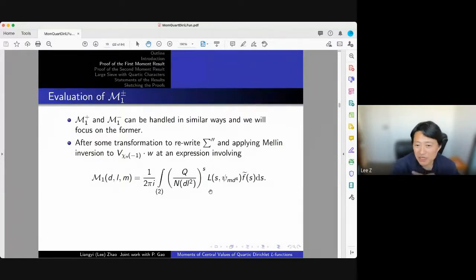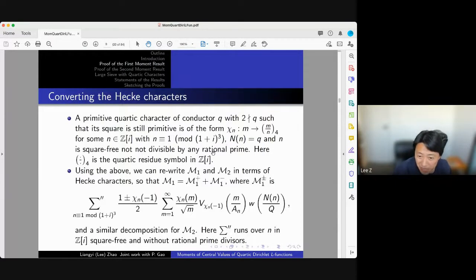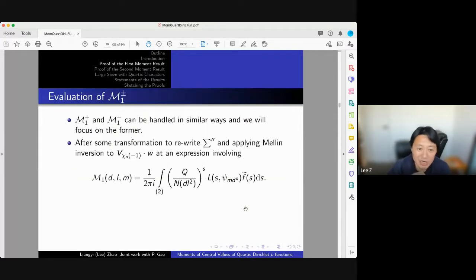So we apply some transformations to rewrite this sum, sigma double prime, and apply Mellin inversion to this function v times w here. So over here I have the Mellin inversion. Upon applying Mellin inversion, we end up with an expression of this form.